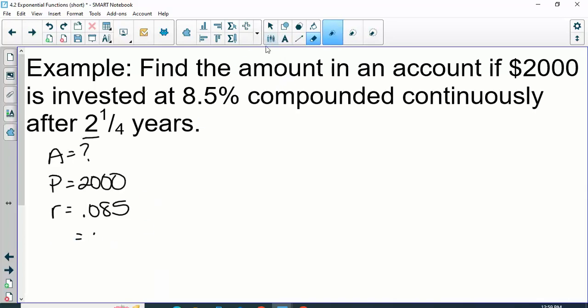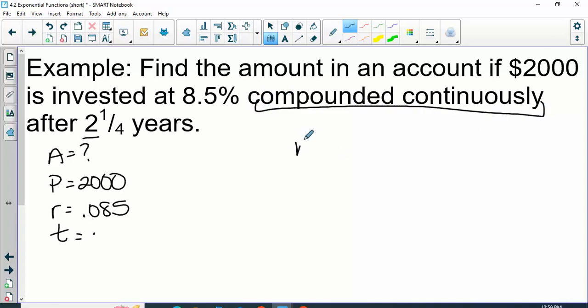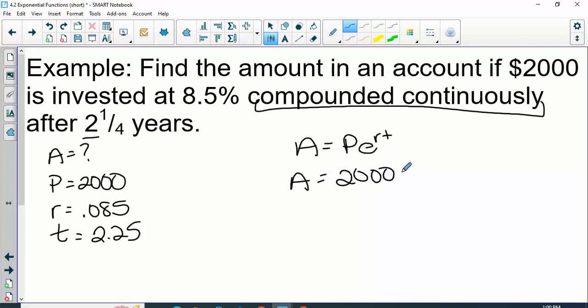Because it said continuously. So when I see that continuously, that tells me I'm using the P E to the RT formula. So my time is, so A equals 2,000 E to the 0.085 times 2.25 power.